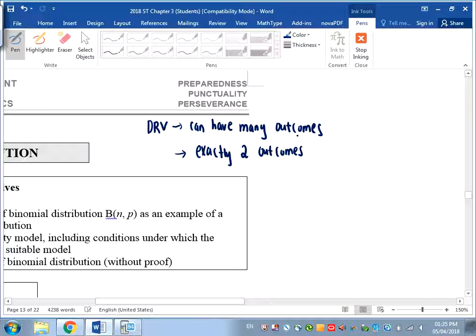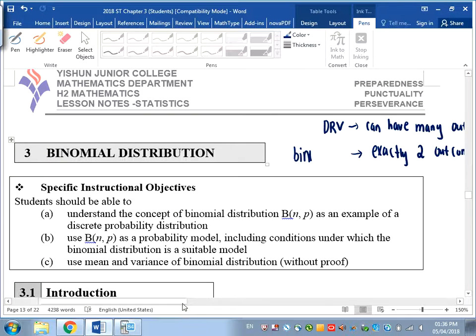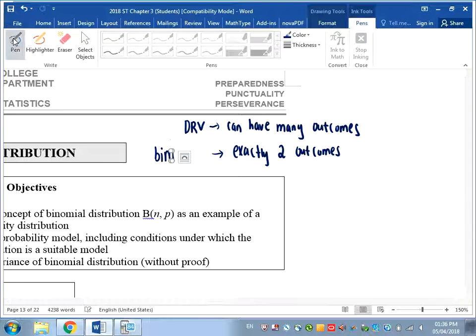And we give it a special name, because as you know, bicycle means that it has 2 wheels, and if an event is held biannually, it means that it's held every 2 years. So therefore, for a random variable with 2 outcomes, we call it a binomial random variable. The bi will stand for 2 outcomes.